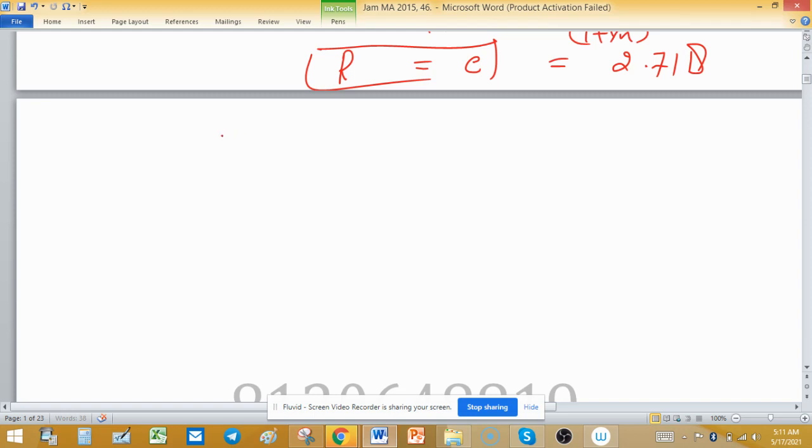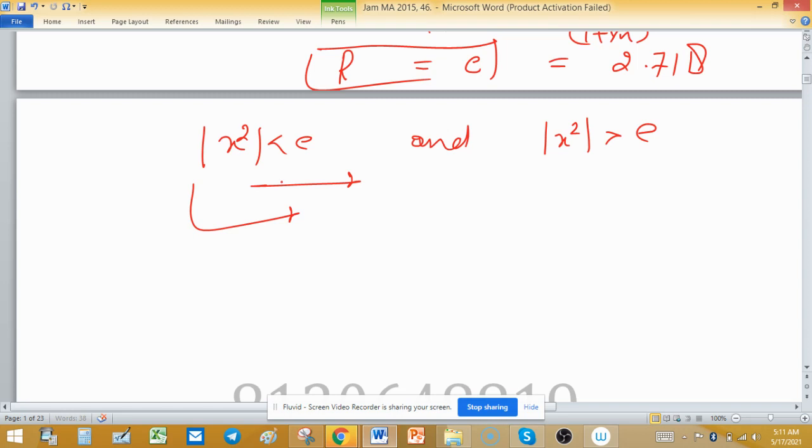So this power series will converge whenever mod of x square is less than e, and it diverges for x square greater than e. So it will converge for mod x less than the square root of e, and you will find the value of this.